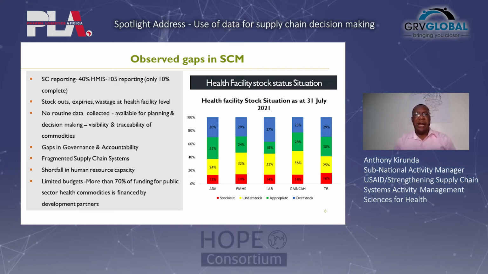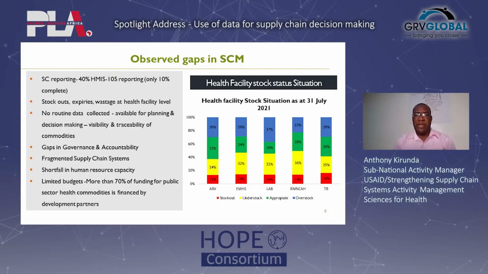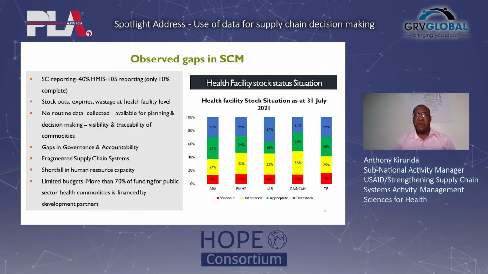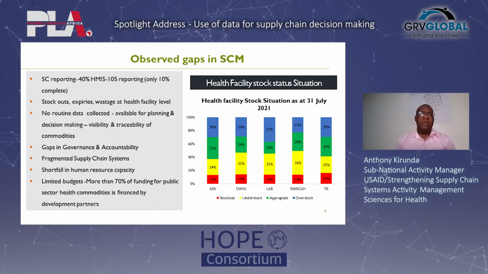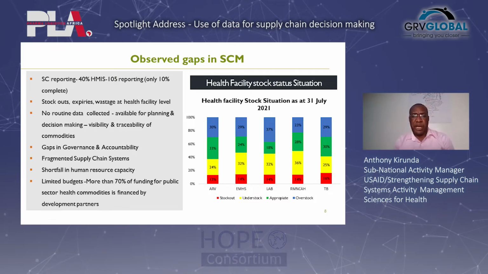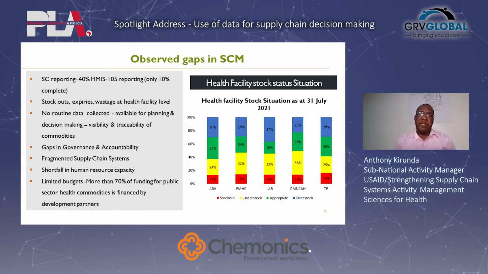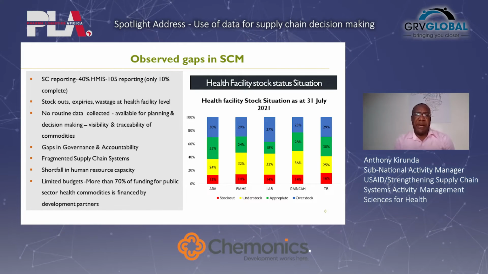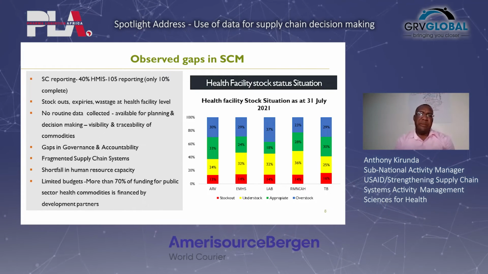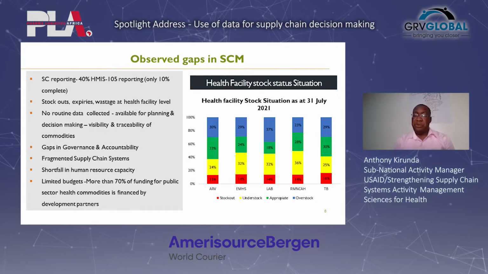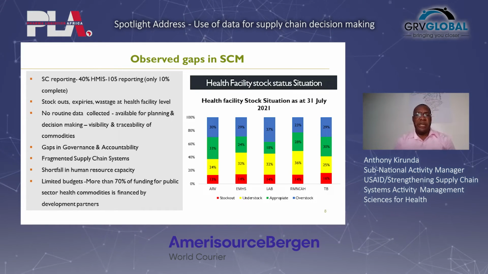For example, right now in Uganda, for reporting of the monthly reports, that's HMIS 105, only around 40% of the health facilities are completing the supply chain components. Even of the 40%, only around 10% is complete, which is a very big challenge because only 10% of the data can be used.